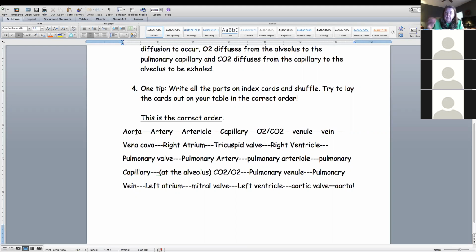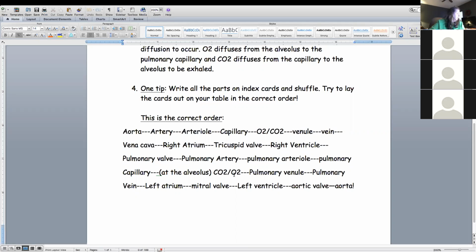But the only thing I'm adding for this test is just this better description. Instead of just saying lungs, what is happening in the lungs? Instead of renal artery, I have pulmonary artery. Instead of renal arteriole, I have pulmonary arteriole. So instead of going to an organ outside the body, these are going to the lungs. And like I said, remember, they're flipping it.